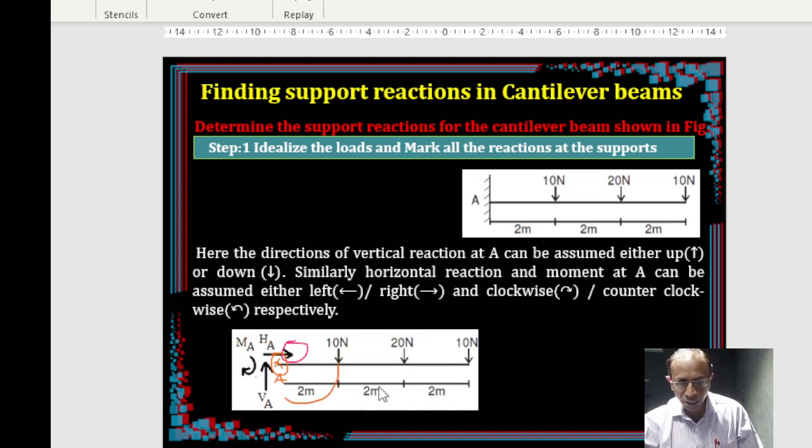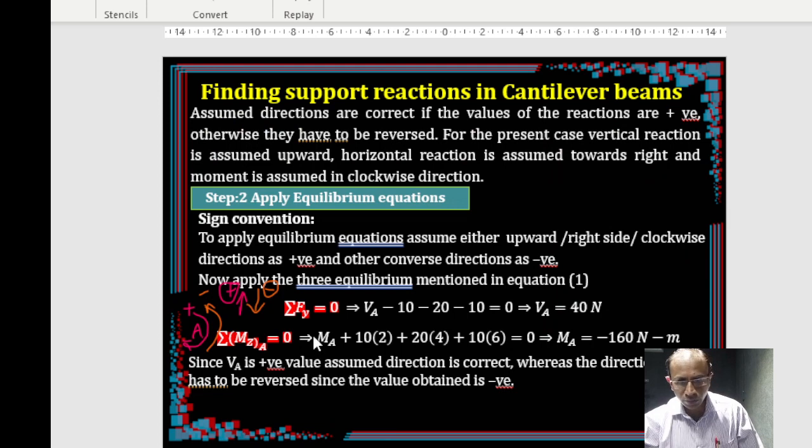This is the direction, this is the direction, this is the direction. Here it doesn't matter whether you take clockwise or anti-clockwise. Later on, based on the sign you got, you can identify whether the direction is correct or not. So here, of course, because it is minus, we can put minus MA.